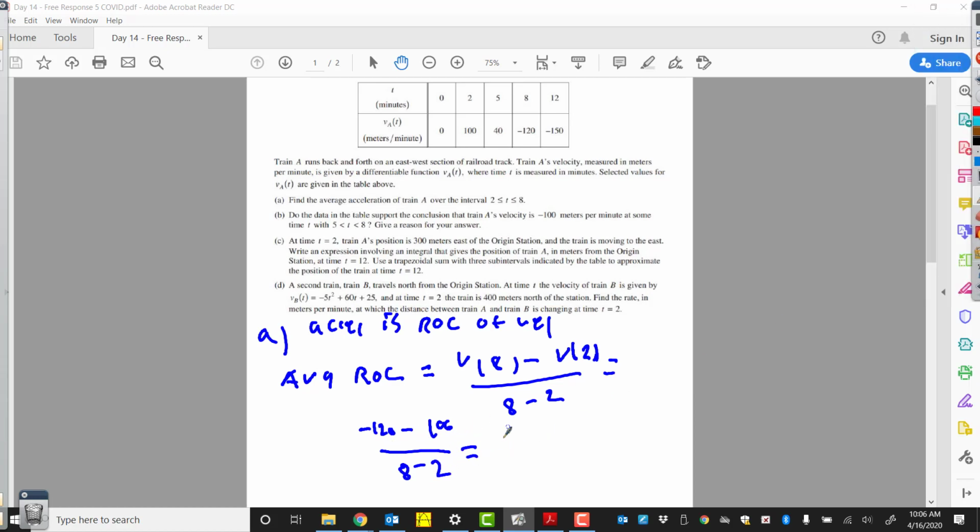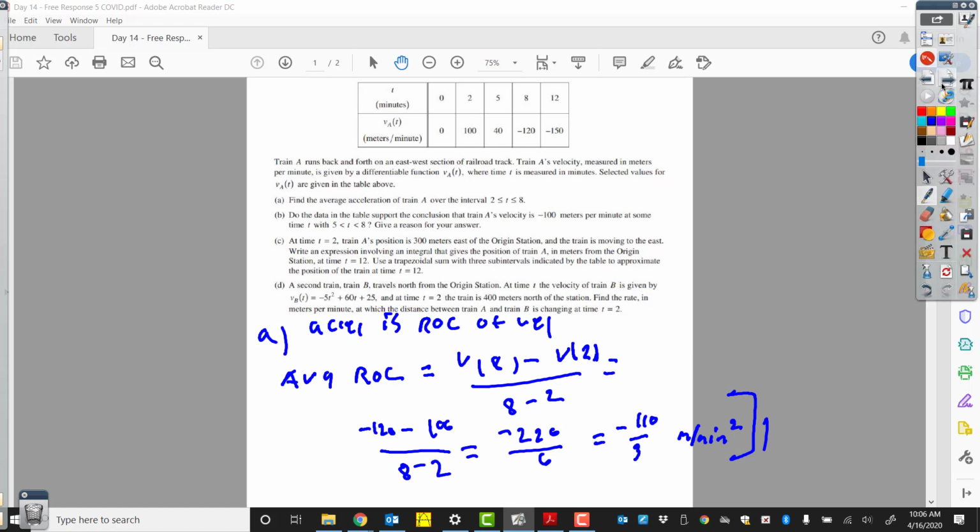So negative 120 minus 100 is negative 220. 8 minus 2 is 6, over 6, which simplifies down to about negative 110 over 3 meters per minute squared. This is all we needed for this part, and this is only 1 point. Okay, move to the next part.